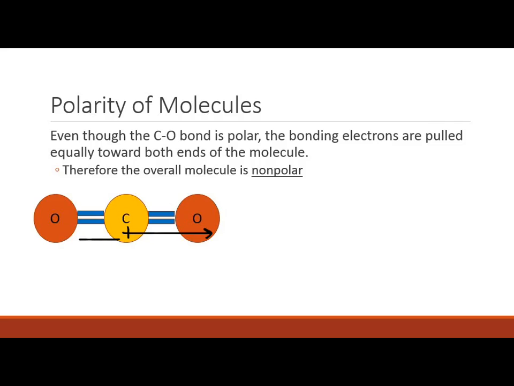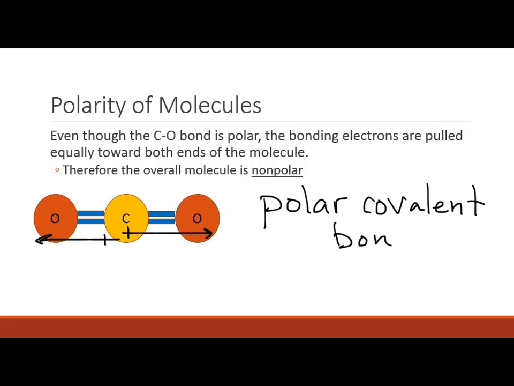Well, turns out that that oxygen's very electronegative and pulls those electrons to the left, right? Which means that overall, the two dipoles cancel each other out. And so even though we have polar covalent bonds, which are unequal sharings, we actually have a nonpolar molecule, okay, because the dipoles actually canceled each other out.